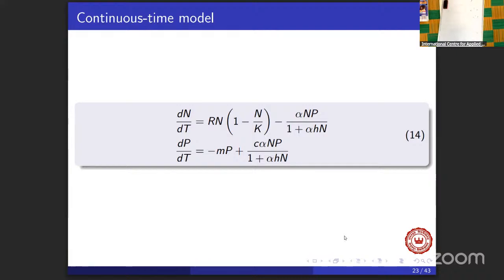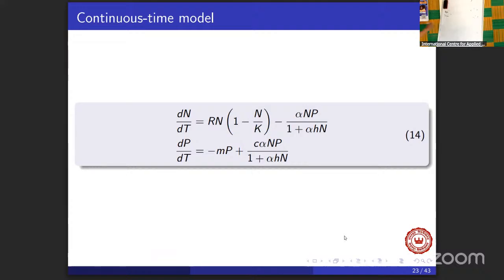T is time, which may be second, minutes, hour. So it has a dimension. The left hand side dimension is population per time. The left hand side and right side are equal when the dimension is the same. So from here, we try to find the dimension of these parameters.